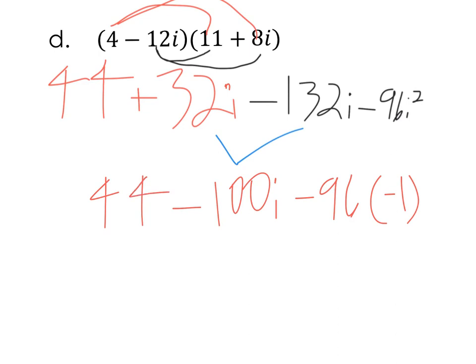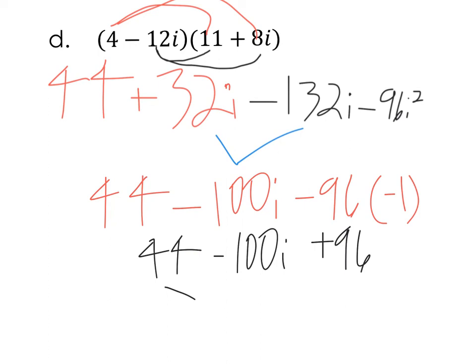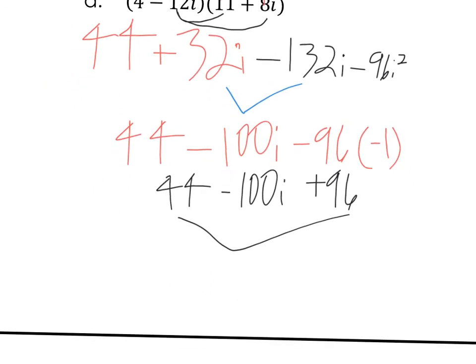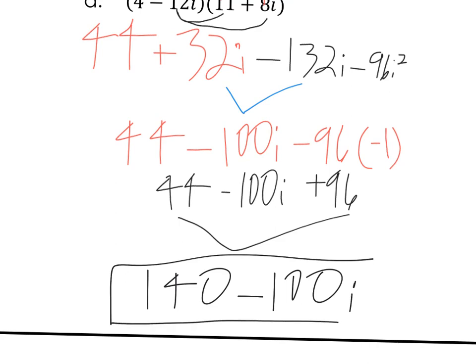And I know that's going to turn this into a positive 96 because two negatives make a positive. So bring everything else down. And now I'm just doing 44 plus 96, and that's going to make 140. And so I have 140 minus 100i. That's in standard form with the regular number coming first and the imaginary number coming second.